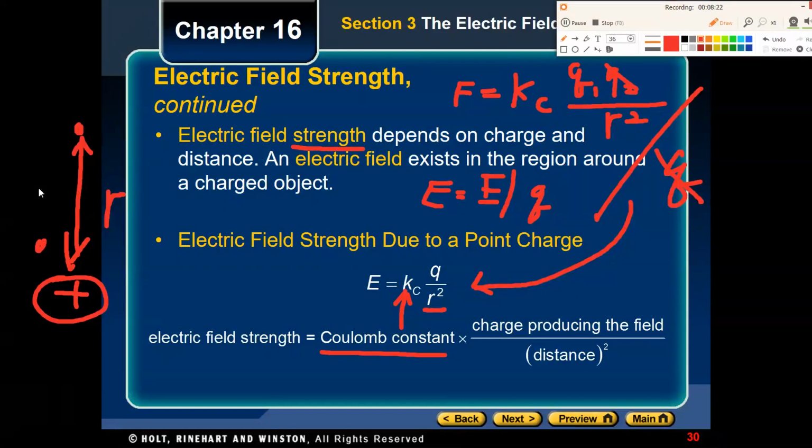So at this position, this position, this position, for example 1, 2, 3, the strength is going to be different. It depends on the distance between the certain point and the charge you want to figure out the strength of.